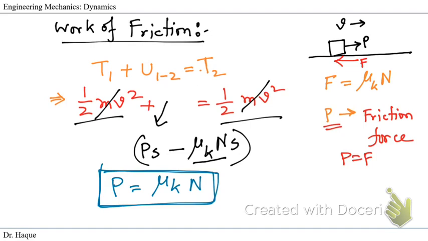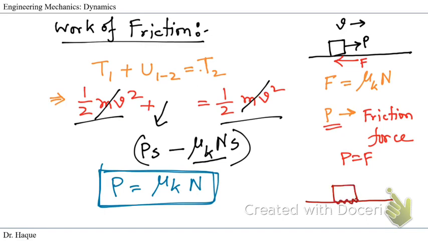In this concept, we have to assume that the body itself is deformable, and let's see a scenario where the box is moving and it has a micro surface.